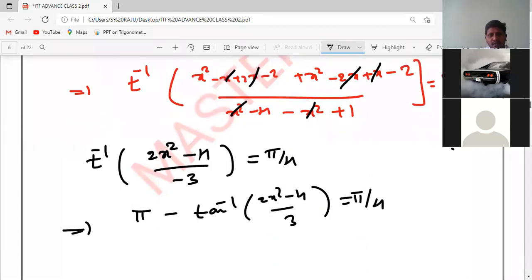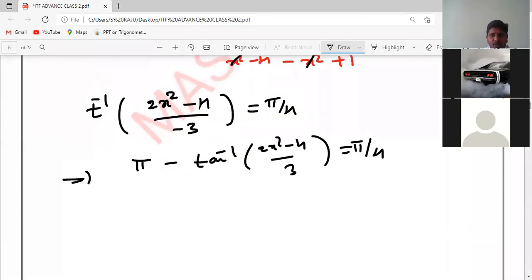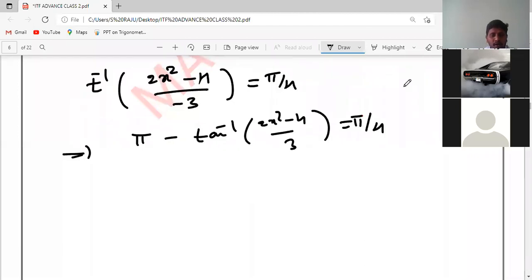We will get this property. To understand that, you should have an idea about the property again. Different case.